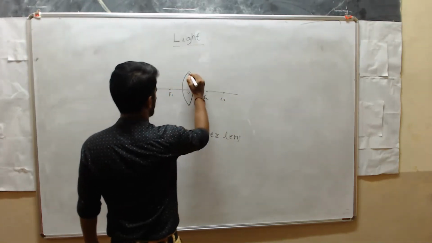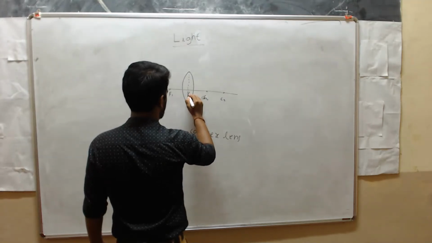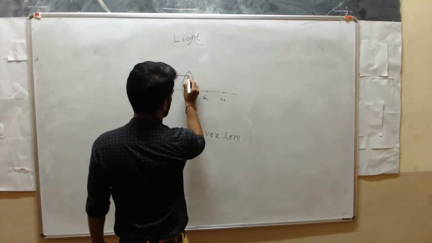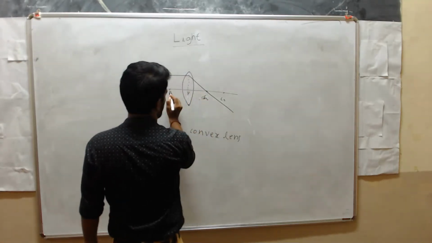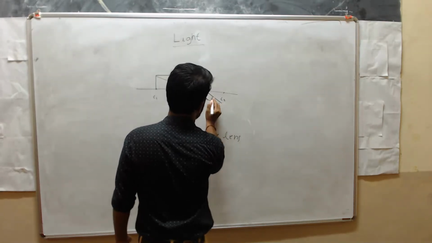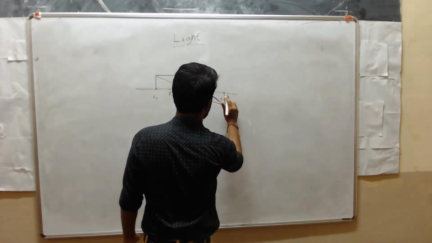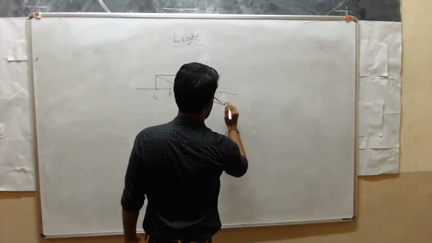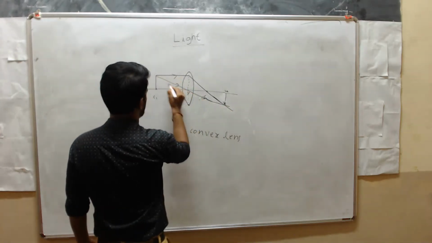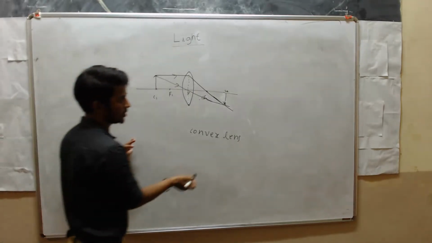So we keep the object at C1. Now the position of the object is at C1, then the position of the image is at C2 only.